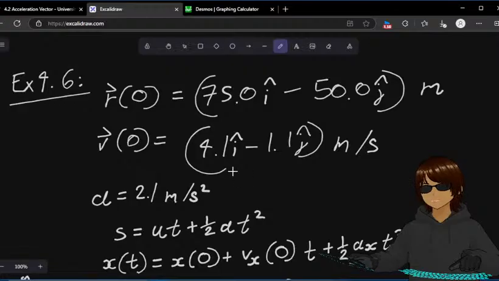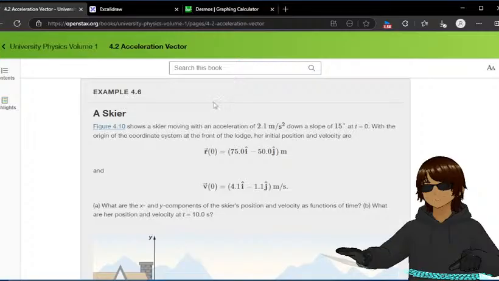So y is minus 50. Hold on, is this right?